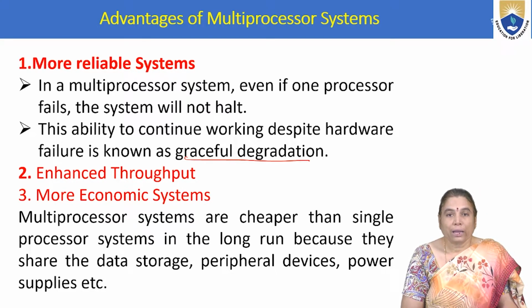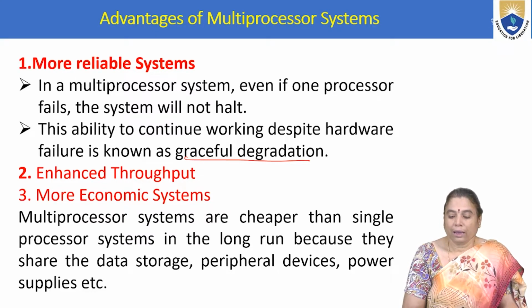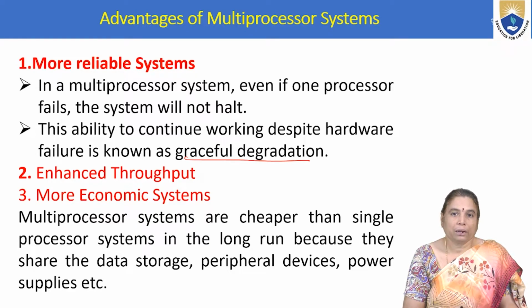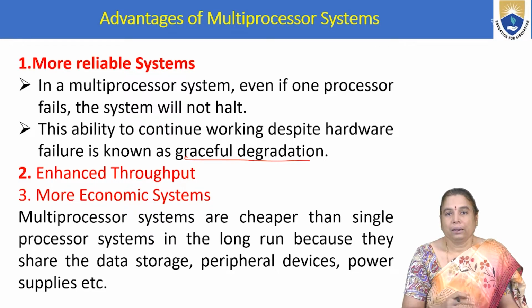The third advantage is more economical systems. Here the processors are connected and can execute in parallel, sharing the common clock, memory and I/O, so that these processors can increase performance with a small amount of hardware. So these are more economical systems.